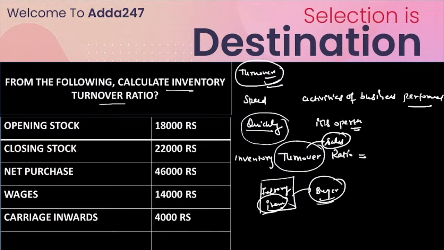So we should write here cost of goods sold instead of sales.